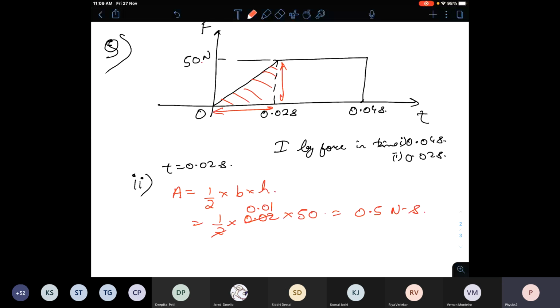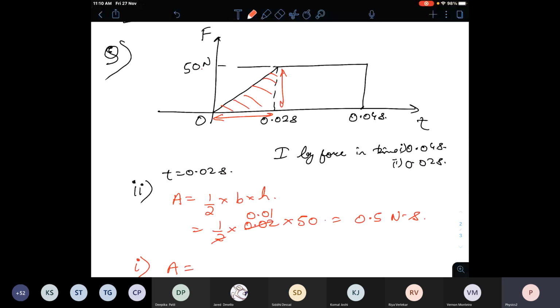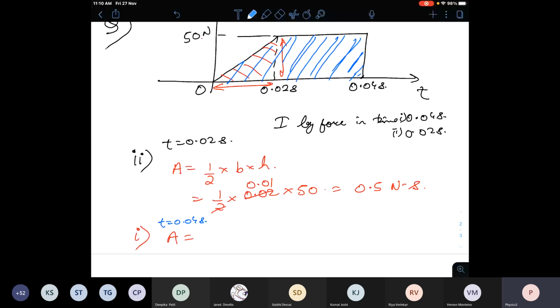Now what about the first case? The area will be the total area from 0 to 0.04. You have already calculated the triangle, now you just have to add the area of the rectangle also. So the total area, when the time is 0.04 seconds, will become 0.5 for the triangle, plus the area of the rectangle.